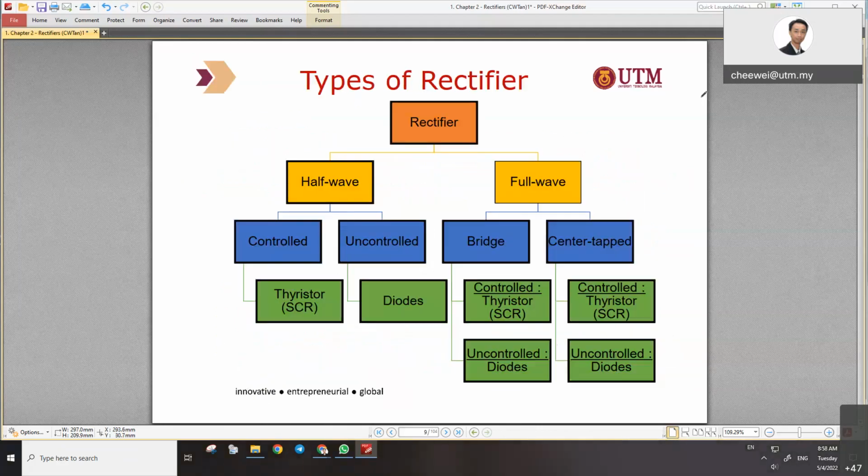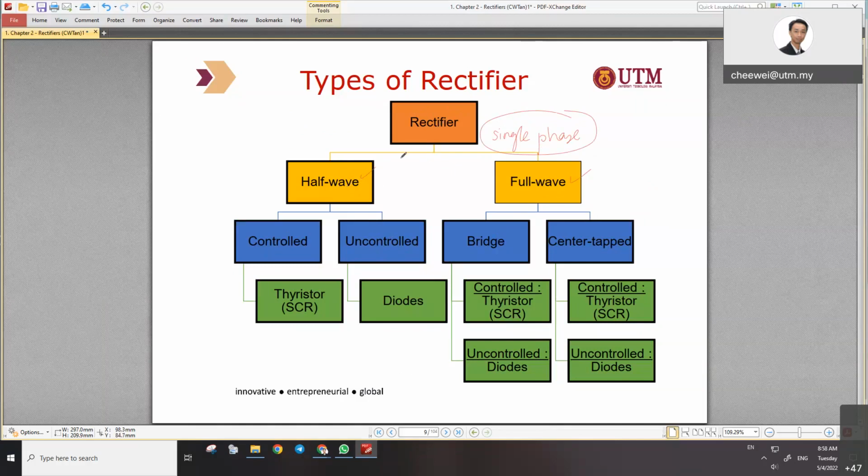Let's see. So you can figure out what you're going to cover. Rectifier is a big family tree that can split into half wave and full wave. And here is only single phase. So basically for rectifier, you have single phase as well as 3-phase. So 3-phase is out of the picture. Here we are only focusing on single phase.